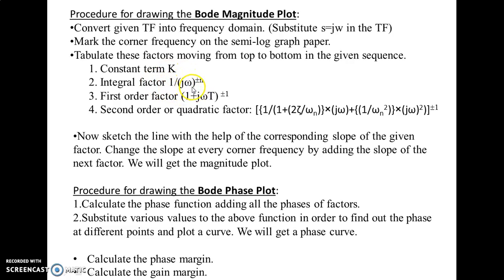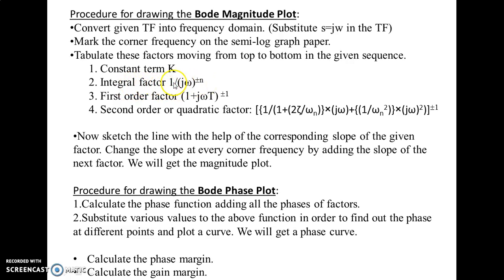In terms of s, 1 by s is a pole at the origin. If you are taking s, it is in the numerator, and if you are taking 1 by s, it is in the denominator. It may be plus or minus n, like 1 by s square, s square, or 1 by s cube. So, these are integral factors.